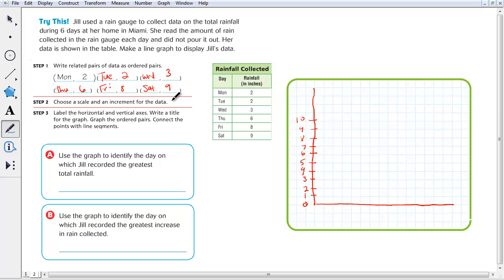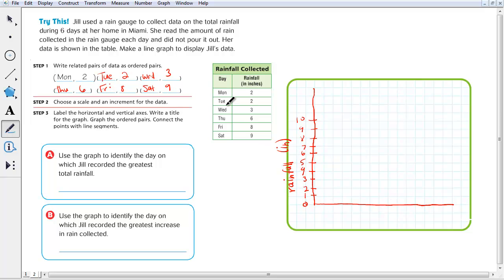So now that I've got a scale and increment for the data, I need to write a label for this axis, and that's the rainfall in inches. So I'm going to label that here. Then I need to label the horizontal and vertical axis. So I've already labeled the vertical axis. Let's go with the horizontal now.